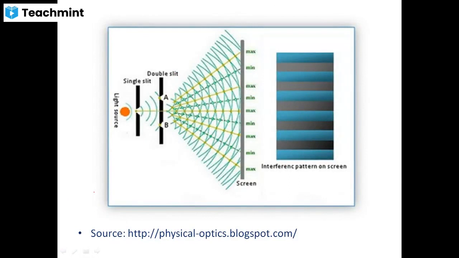If it is not a wave but a ray, then what do we expect? We expect one ray of light to travel in this direction, and another ray to travel in this direction also.